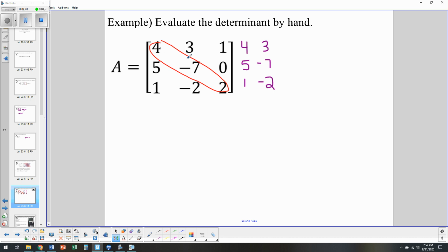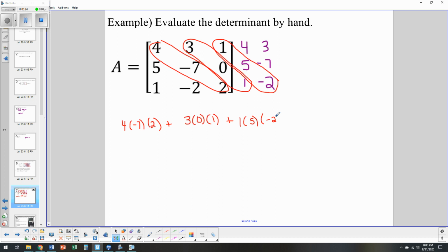So we're going to do 4 times -7 times 2. Plus the next downward diagonal. So that's 3 times 0 times 1. And then the last downward diagonal, plus 1 times 5 times -2.